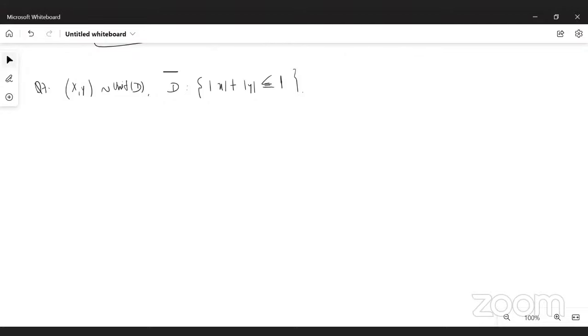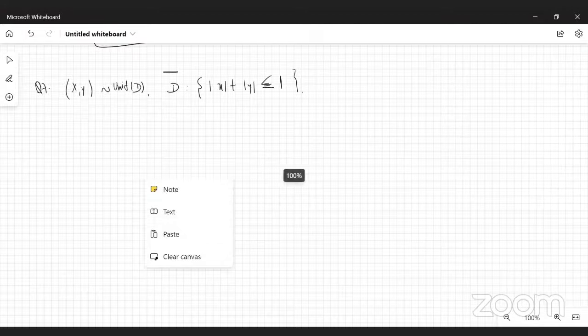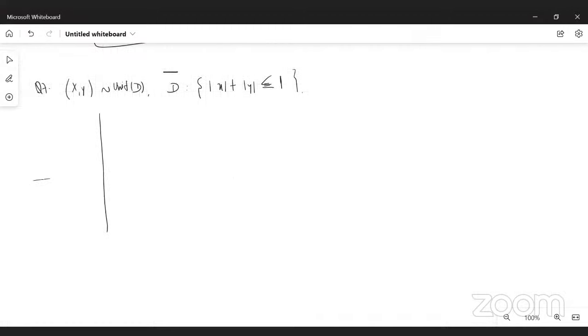If x is in the first quadrant, then both x and y will come out to be positive. So the first equation that you will get is x plus y is less than or equal to 1.